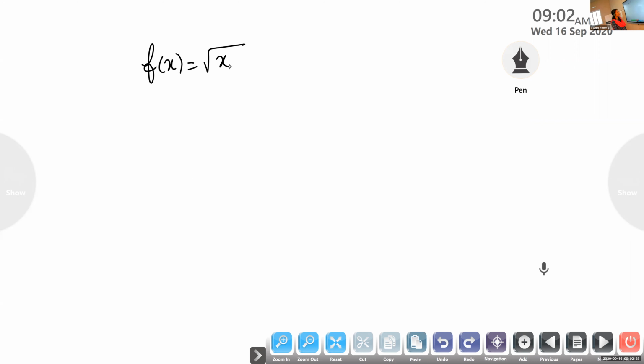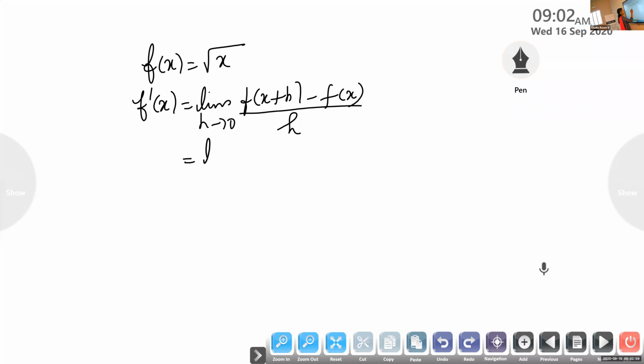The formula f dash of x is equal to limit h tending to 0, f of x plus h minus f of x by h. When you apply that formula, what will you get? Limit h tending to 0, root of x plus h minus root x by h.